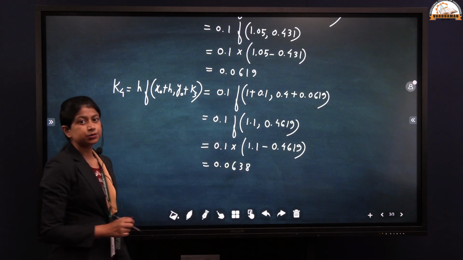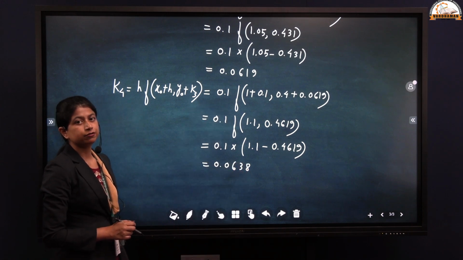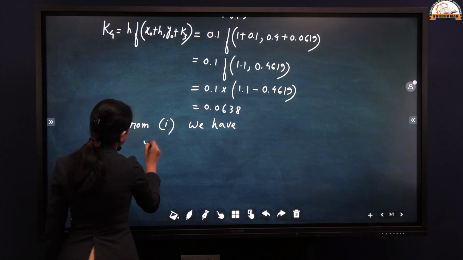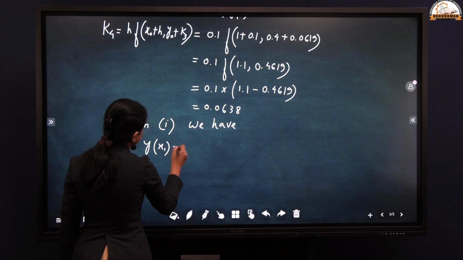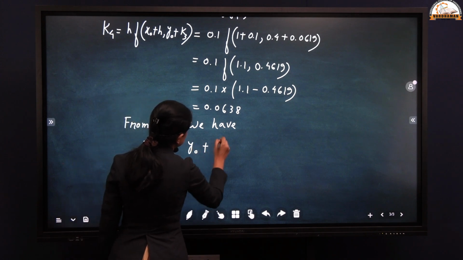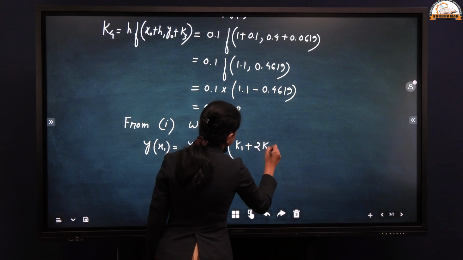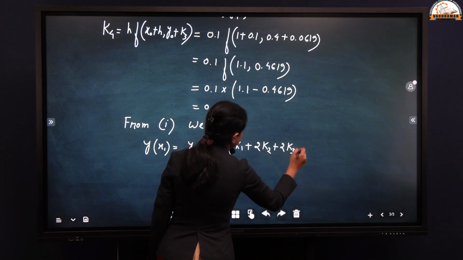If we compute this, we will get 0.0638. Now let us substitute k1, k2, k3, k4 in equation number 1. From equation 1 we have y at x1 equal to y naught plus 1 by 6, k1 plus 2k2 plus 2k3 plus k4.